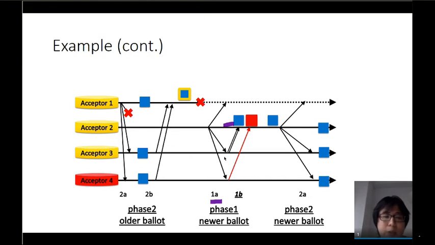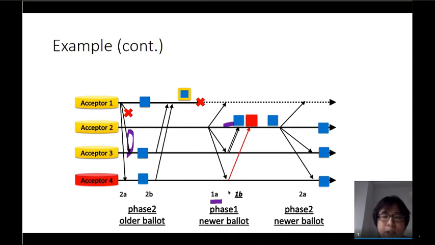But acceptor 3 has voted for the blue value, so it will reply with the blue value. In addition to replying the blue value, it will reply with the phase 2A message it received before as a proof that this is the real value.